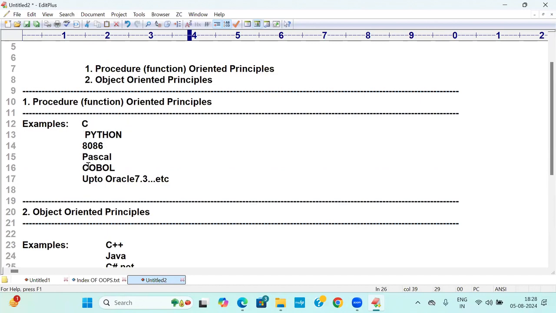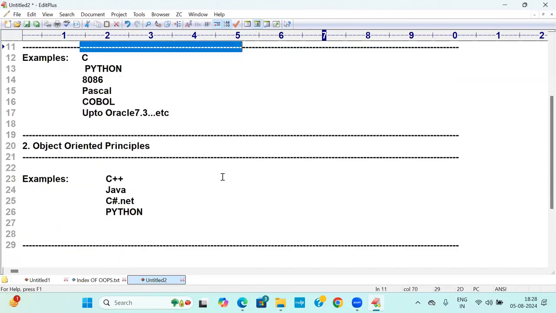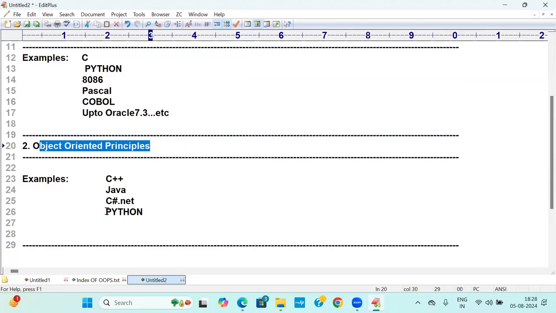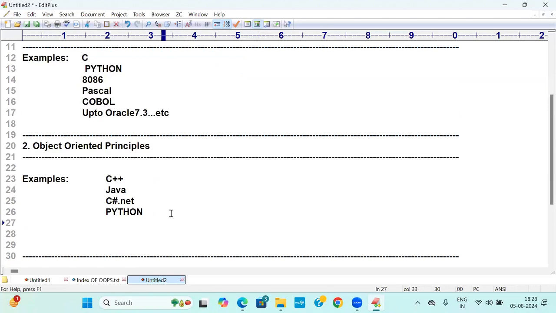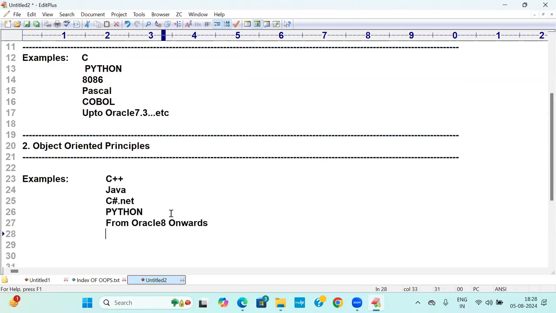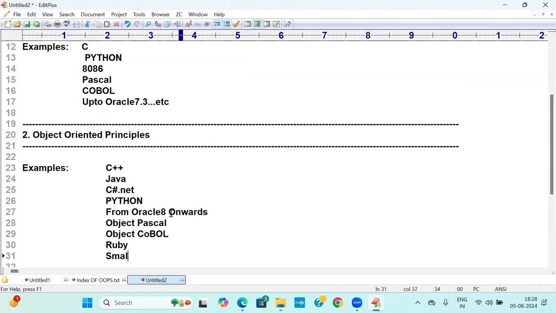C, 8086, Pascal, COBOL, etc. are called what? Procedure oriented. Then there are object oriented principles, Python. Are you following that? Next, from Oracle 8 onwards, there are Object Pascal, Object COBOL, Ruby, Smalltalk.